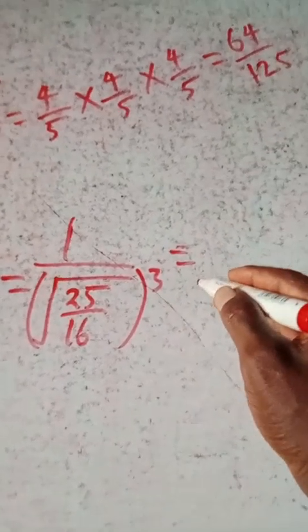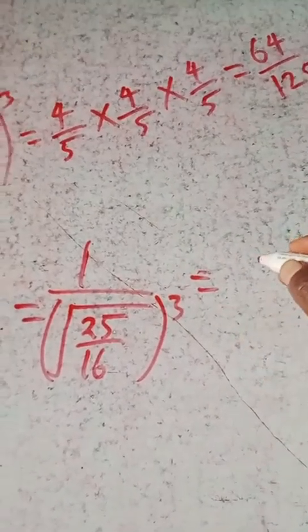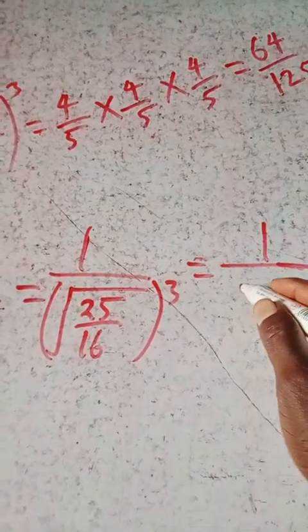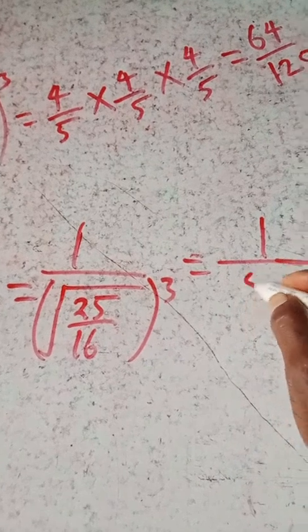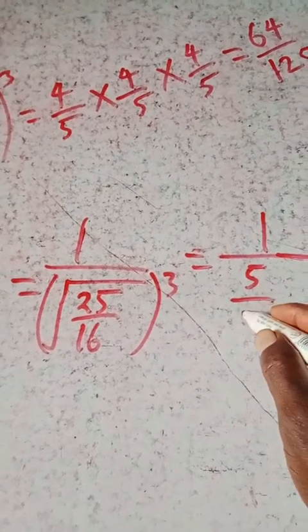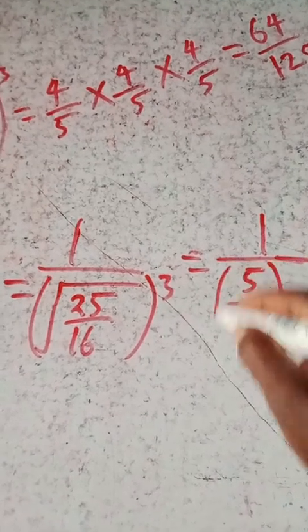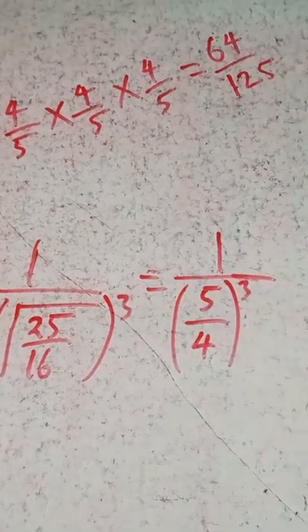So this will be equal to 1 divided by the square root of 25 is 5 over square root of 16 is 4, then raised to power 3.